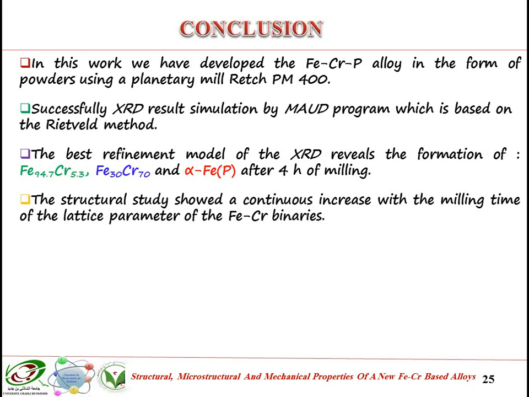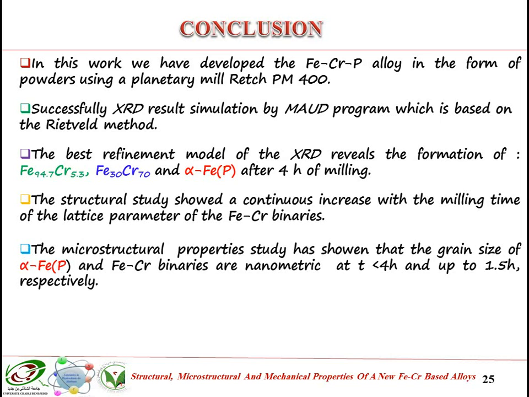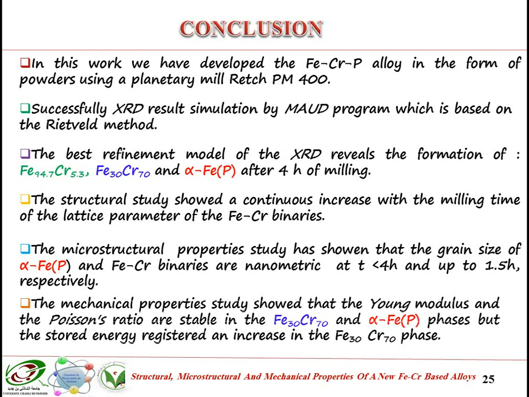The structural study shows a continuous increase with the milling time of the lattice parameter of the iron chromium binaries. The microstructural properties study has shown that the grain size of alpha iron P and the iron chromium binaries are nanometric at T less than 4 hours and up to 1.5 hours respectively.